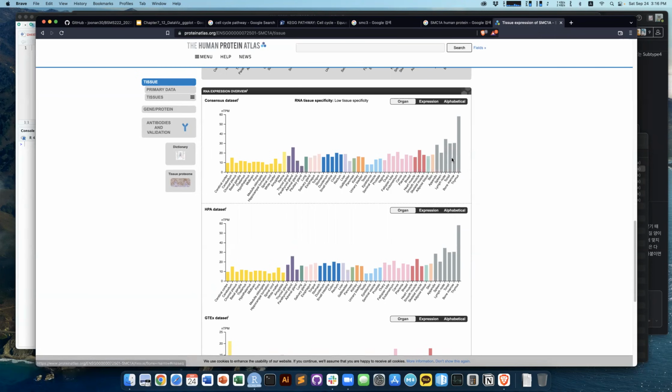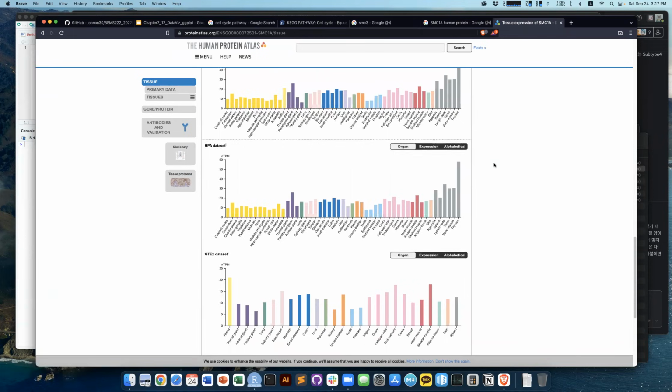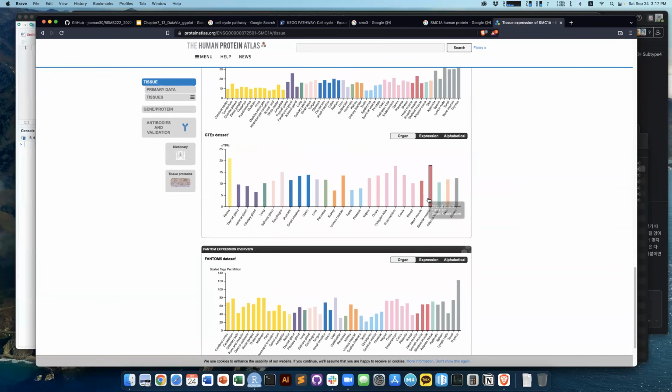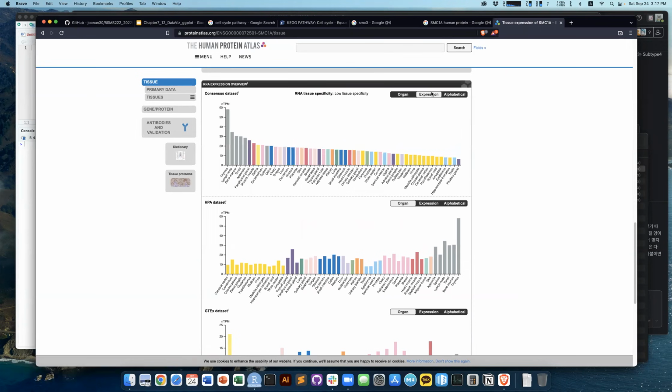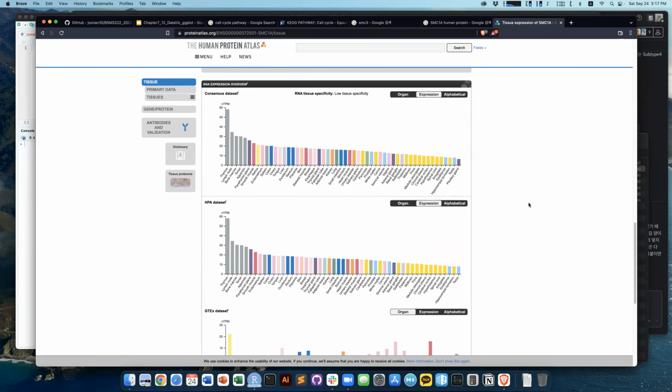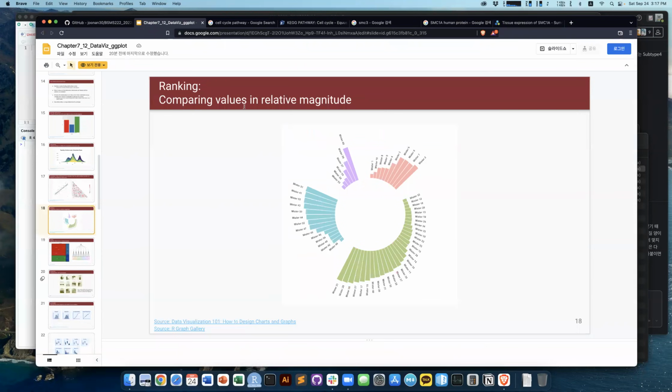So we can see the rank and also the groups, right? Okay, and also if you look at the protein expression, protein expression is also high in thymus. So you can search by this. Okay, so this is how you check the rank information for your gene.